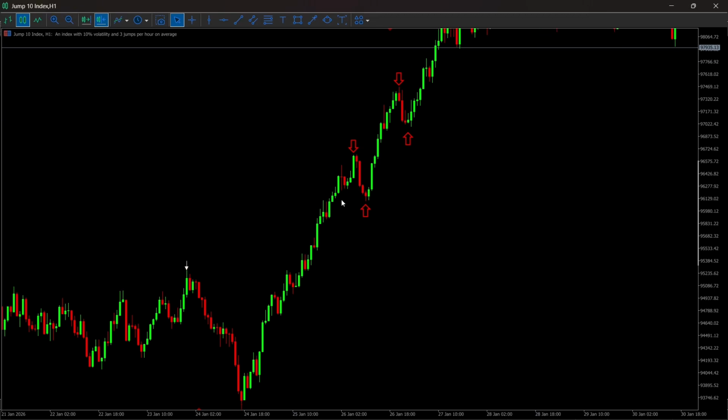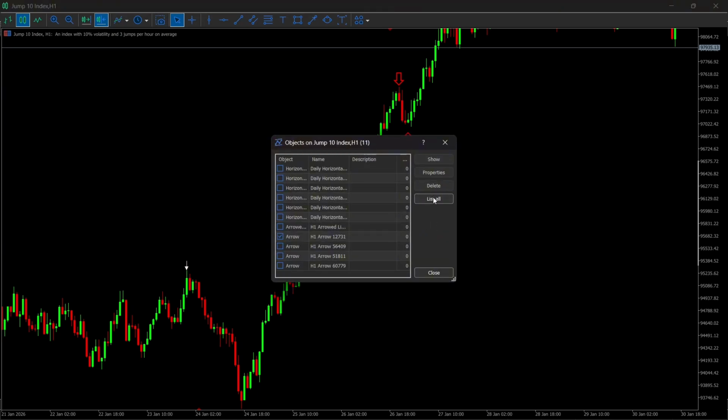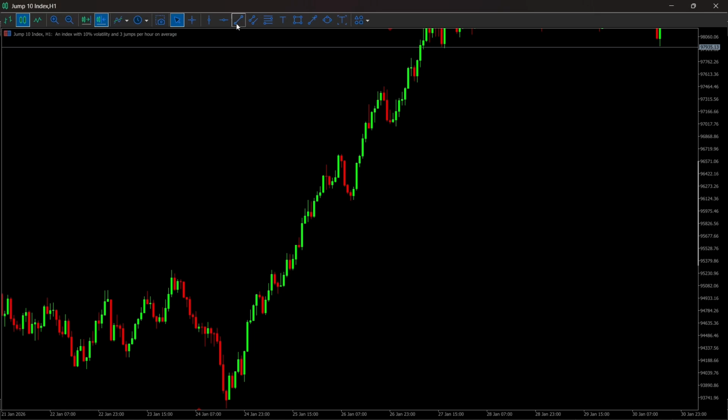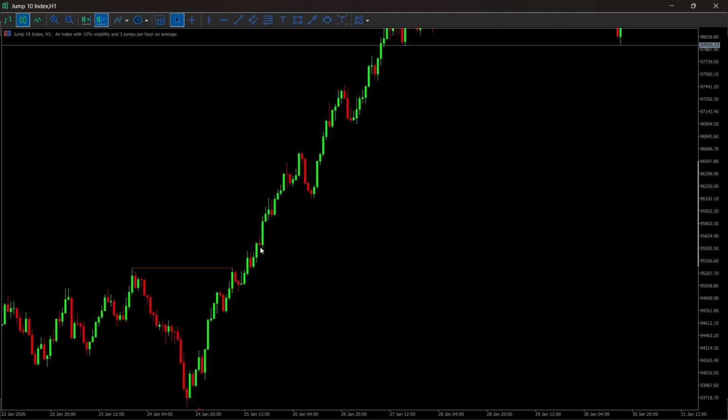To identify an uptrend, you mark out the structure. What I mean by marking out the structure is, let me delete it. You take your trend line tool, then you mark out the previous high. This was our high, then it got broken, so the market kept going up.